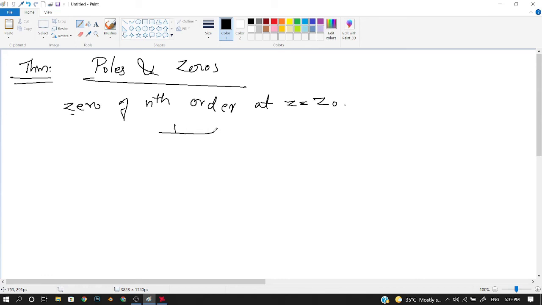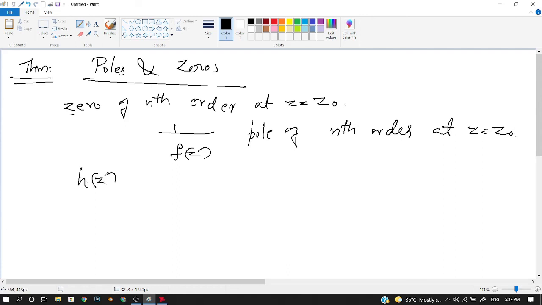Then 1 by f of z has a pole of nth order at z equal to z naught, and so does the function h of z by f of z, provided h of z is analytic at z equal to z naught and h of z naught is not equal to 0.